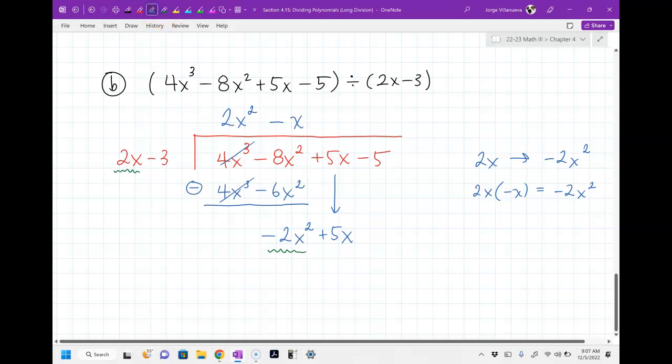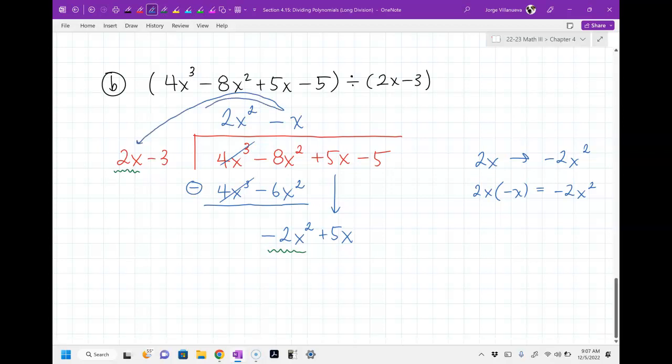Now again, I'm going to get negative x and distribute it, okay? Negative x is going to distribute into 2x minus 3. So let's do that. Negative x times 2x is negative 2x squared. And negative x times a negative 3 is a positive 3x. Let me get rid of the squiggly line here.